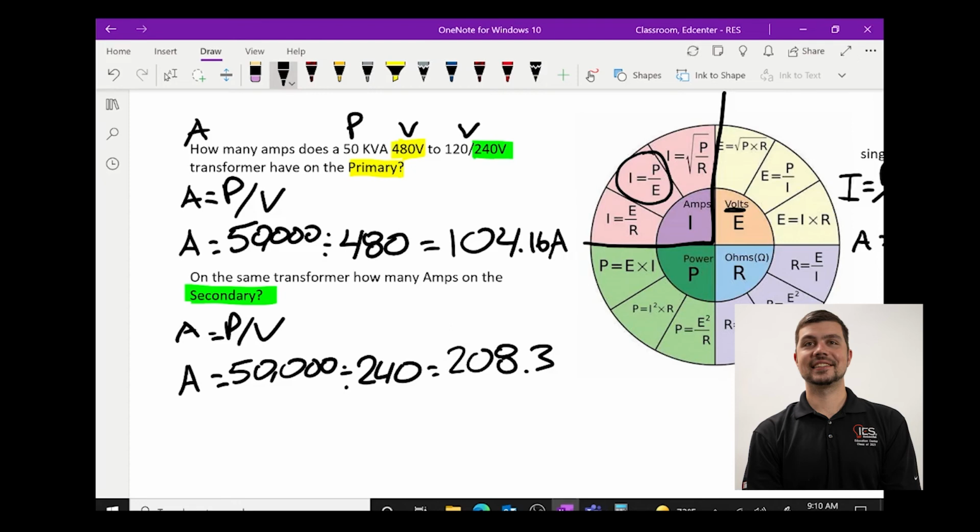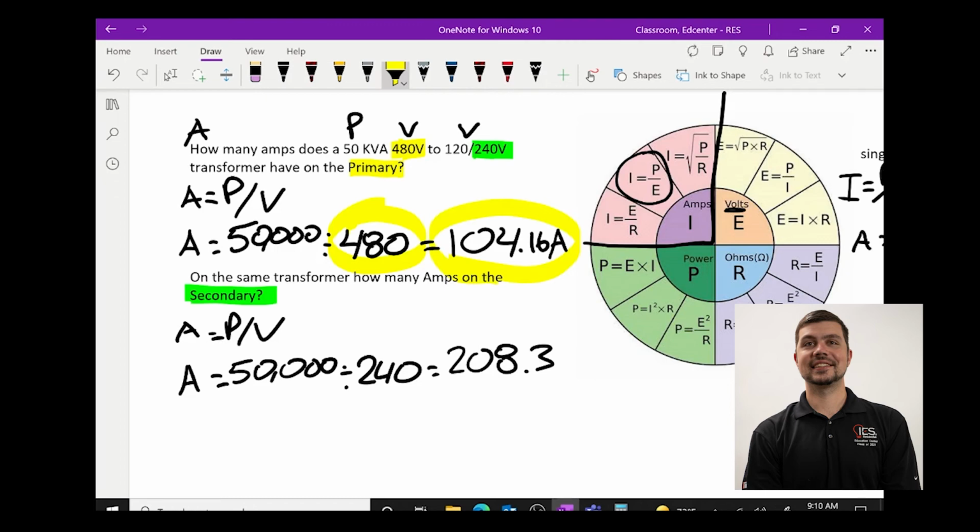It just kind of makes sense because the transformer is still going to have the same power, the same 50,000 VA. So if I have 50,000 VA, I have 480 volts, and I have 104 amps. Going through Ohm's law, if you multiplied them together, it would give you 50,000 because you have the same amount of power.